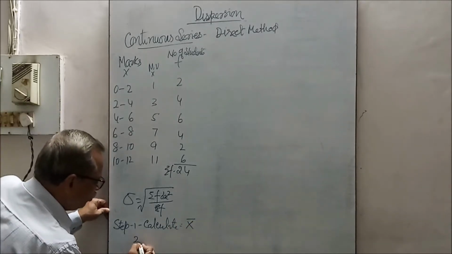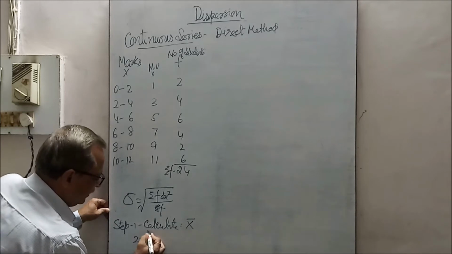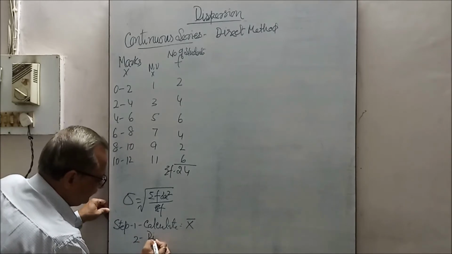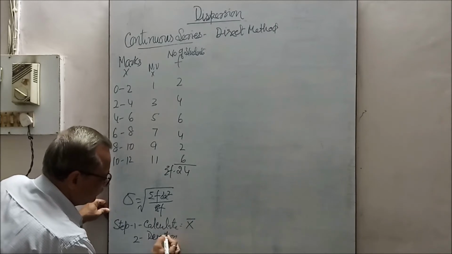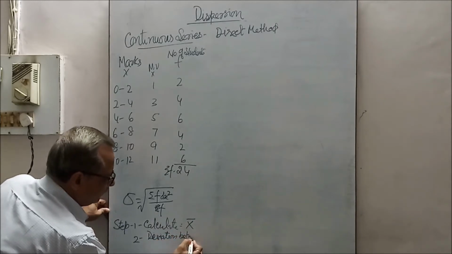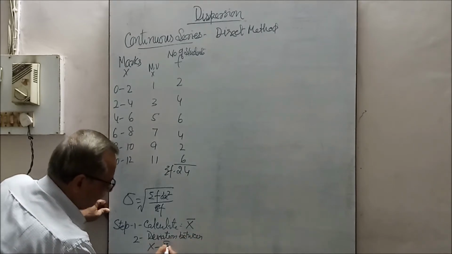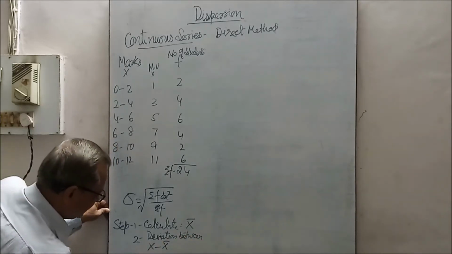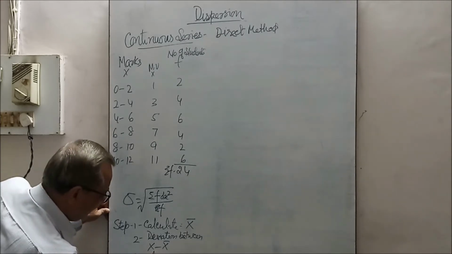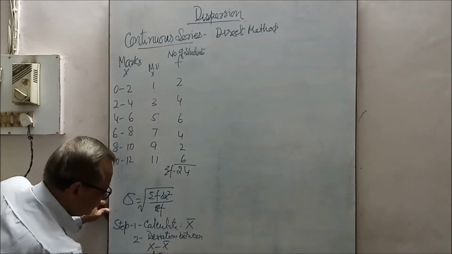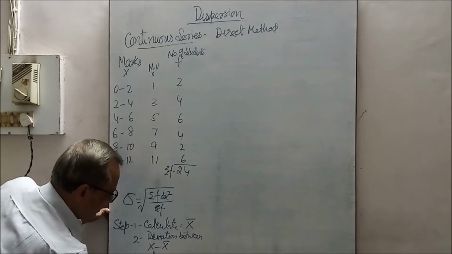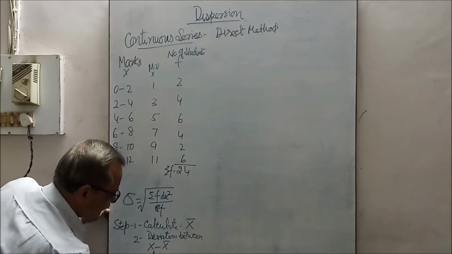Then step 2 is the deviation between x and mean. The third step is to convert dx into the square.